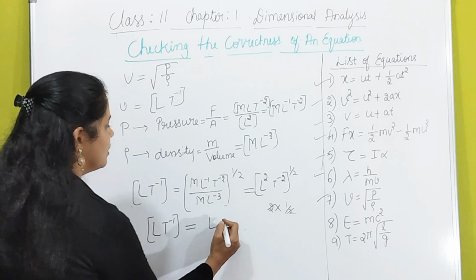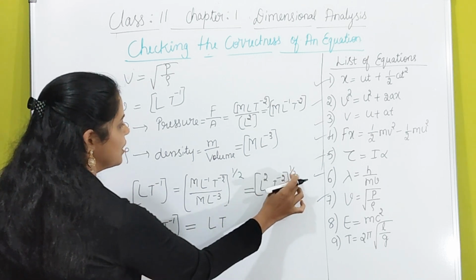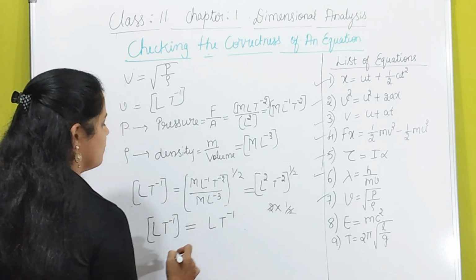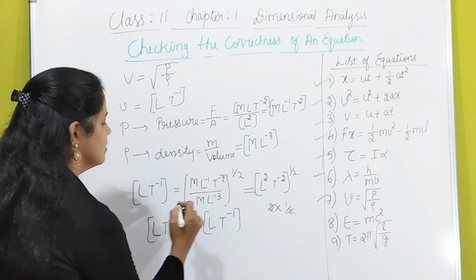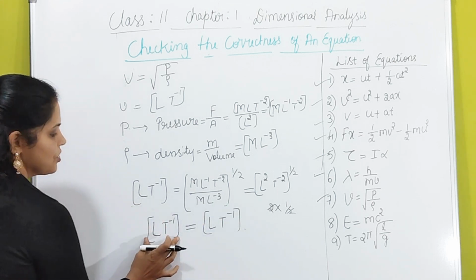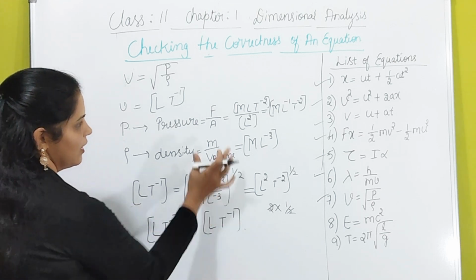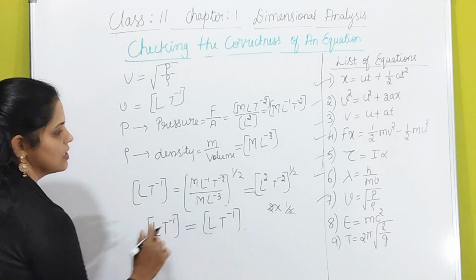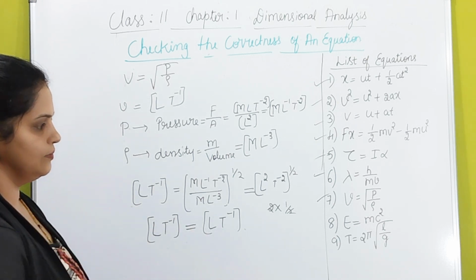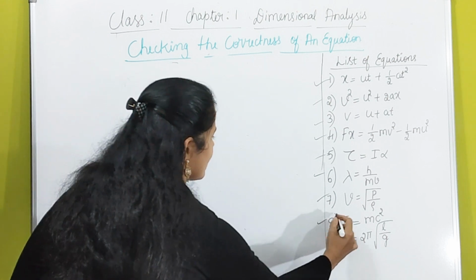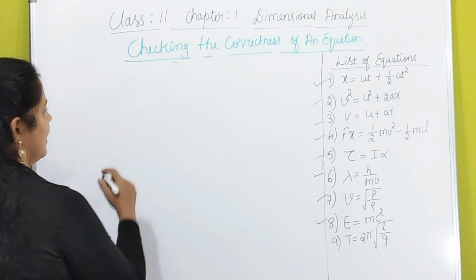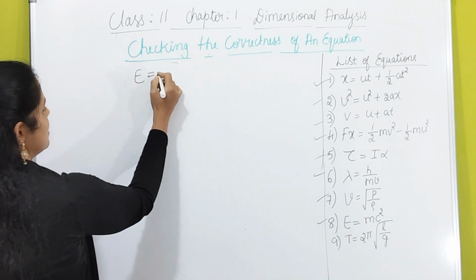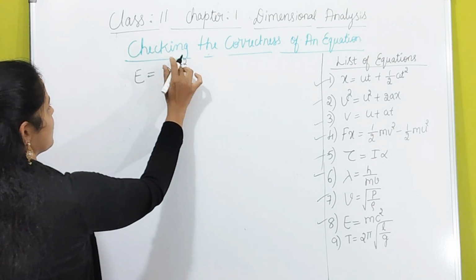Now T to the power minus 2 into half is again minus 1. Now check the dimension. The dimensions of both the terms occurring in the given equation are the same, and hence the given equation is dimensionally correct. Now let us move to the next equation, the 8th one. That is E is equal to mc square.